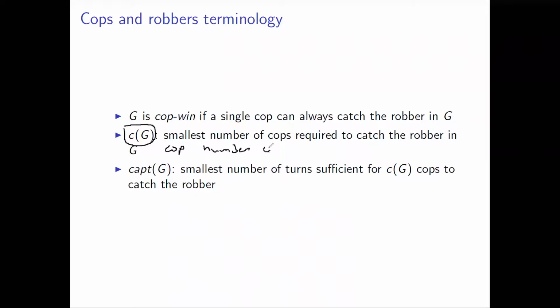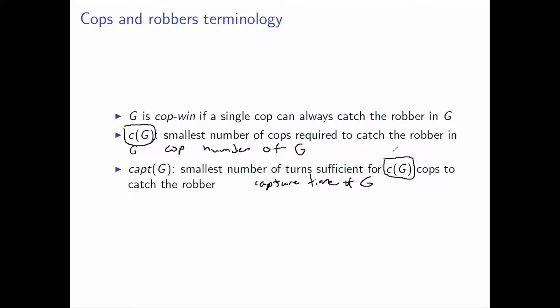That's the Cop number of G. And this function at the bottom is called the capture time of G, denoted capt(G). And this is the smallest number of turns sufficient for the Cop number of G cops to catch the robber.